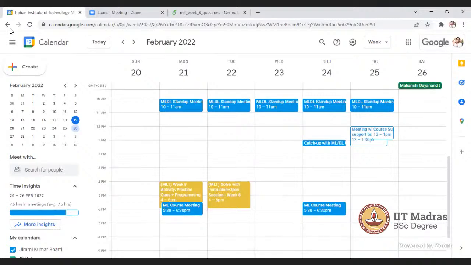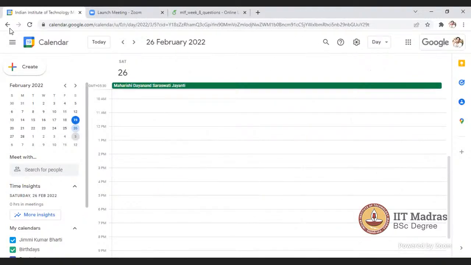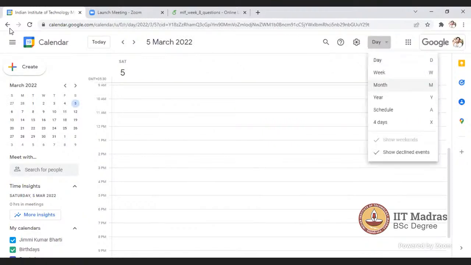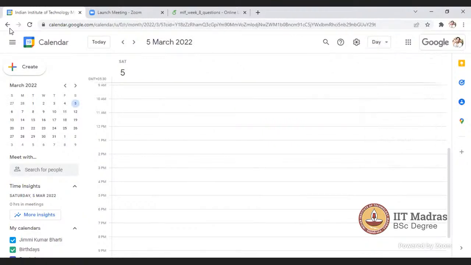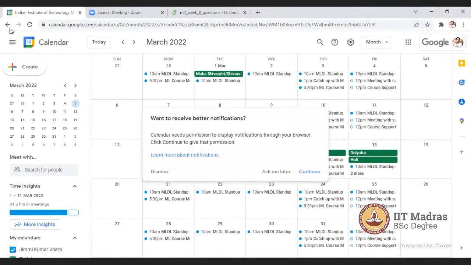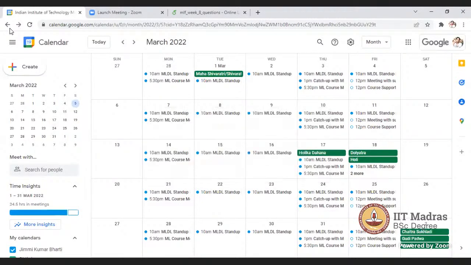But for week 10, whether there is a session or not, we can understand it like that. Sir, there is no other session up to 19th February. The calendar is updated up to then, but after that, no session. So maybe later they will update.